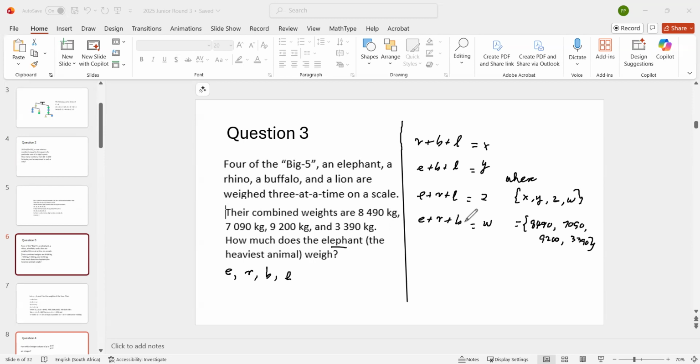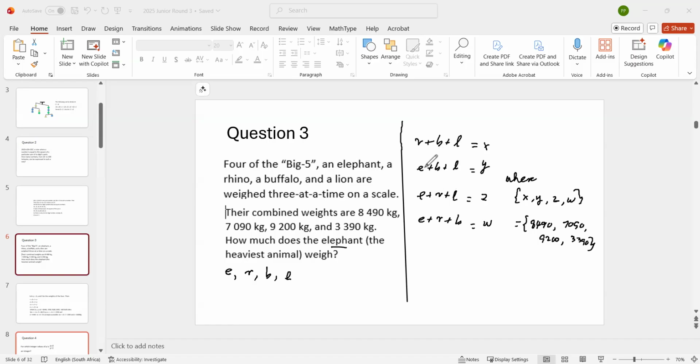Now this is quite tricky because you've got 4 unknowns and you've got 4 equations, so you should be able to solve. But you don't know what these numbers are, which is which. But you do know that the elephant is the heaviest. All right, so there is a nice, neat way of solving these kinds of things because there is a symmetry here.